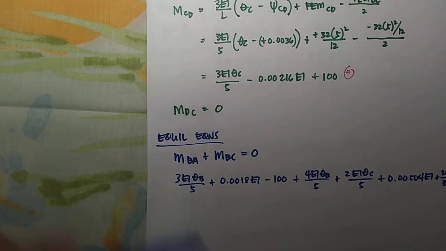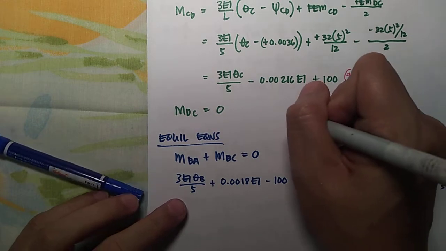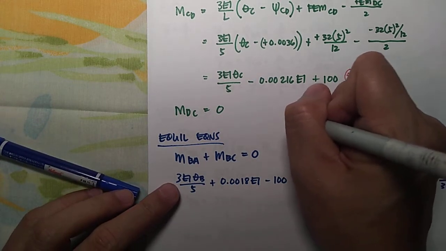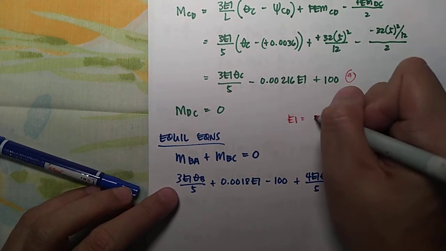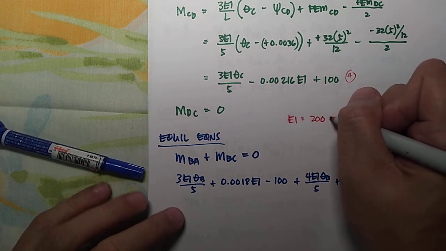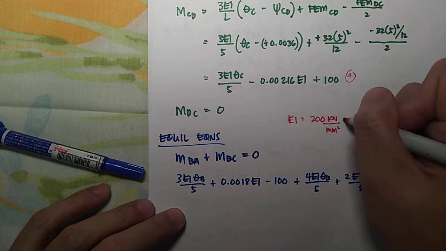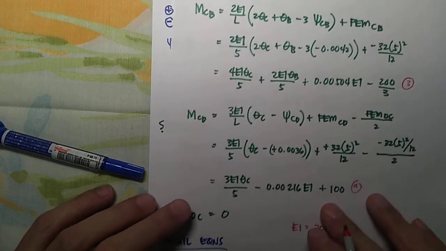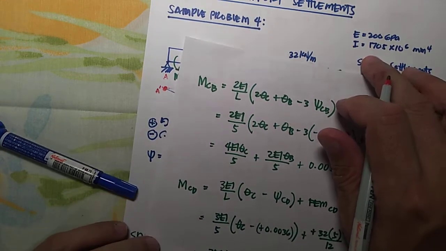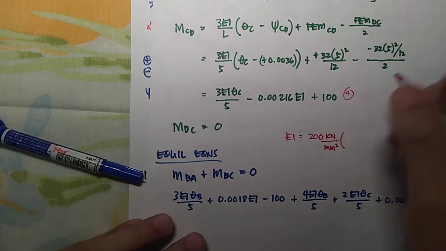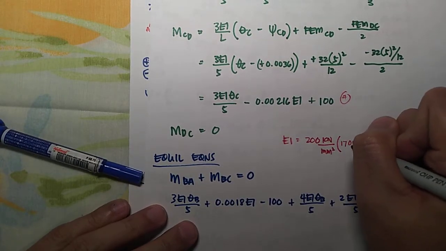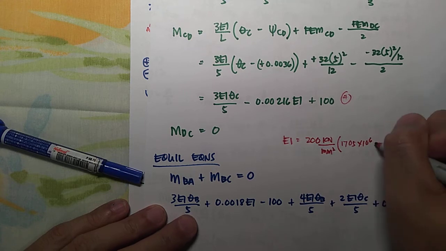By the way, ano ba yung EI? What is EI? Okay, E is 200 gigapascal or kilonewton per mm square. Ano yung I? I is 1705 given to. 1705 times 10 to the 6 mm to the 4th.